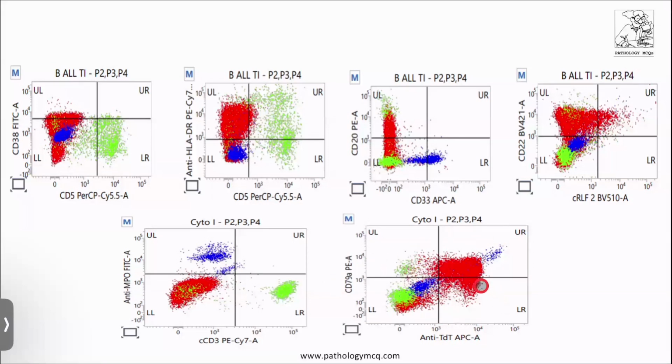In the previous plot, those red cells were showing CD19 and CD10 co-expression and were also CD34 positive. And here these are MPO and cytoplasmic CD3 negative. So all of these red cells are showing expression of possible precursor B lineage markers.